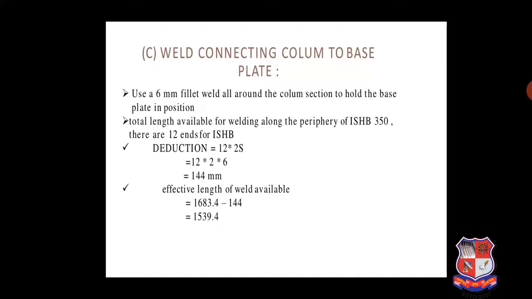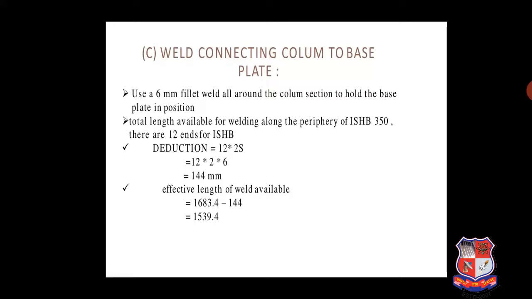There are 12 ends in the ISHB. In the welded connection we deduct the end return. Here in the ISHB you can see in the figure that 12 ends are generated. So we deduct 12 ends multiplied by 2s, where 2s is the deduction for one end. So at the end we calculate the total deduction.